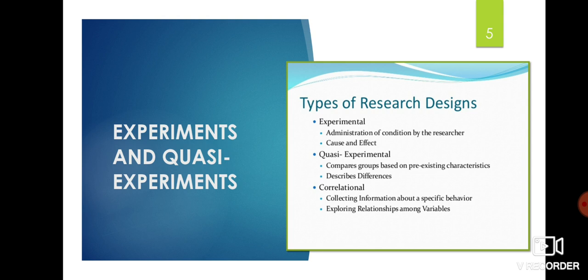So, in this note, ibig sabihin, ang quasi-experimental is we are not sure whether we can control our independent variables 100%. That is why sabi dito, magde-describe lang tayo ng differences.